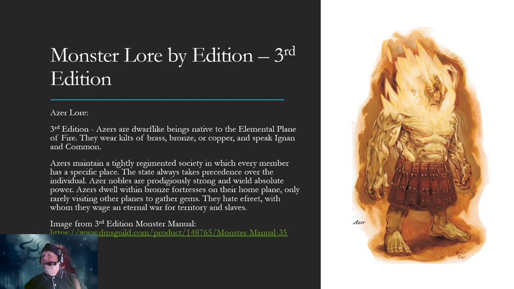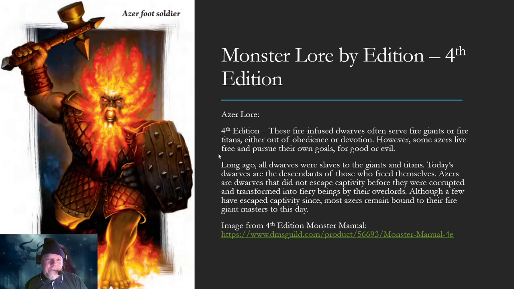Now they're kind of mindless drones of the state. Okay, all right, whatever. You see where I'm going with this? You have so many different bits of lore that you can choose from if you're going to introduce Azer into your game.